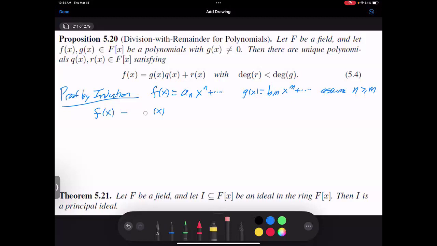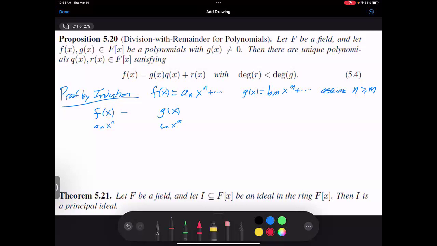What would we want to multiply g by? Let's do it in stages. We want to get the right power. I want to get up to the power n. What should I multiply g of x by? What power of x?